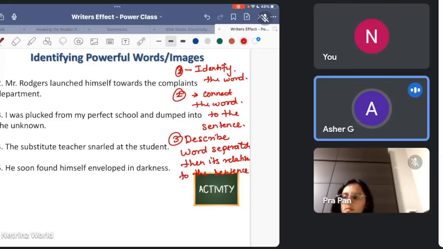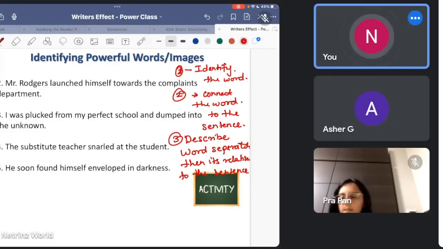So the writer uses the words "plucked from my perfect school and dumped into the unknown" to show that the person who's writing the sentence was removed, for whatever reason, from the school that they liked, and they were put into a completely different school which they don't know anything about and they don't like.